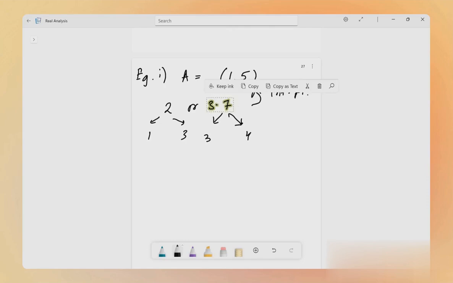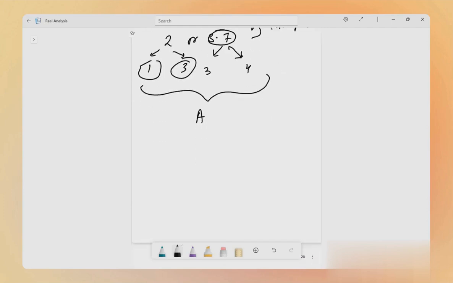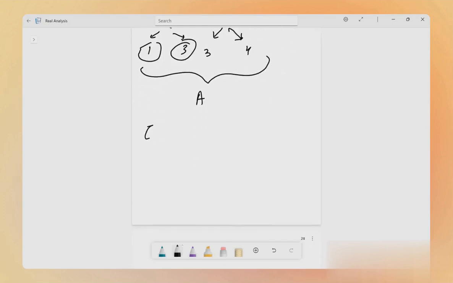We are getting full neighborhoods around these numbers which lie in this interval, right? So any point like these numbers is an interior point because we can find a small interval around it which lies fully in A.